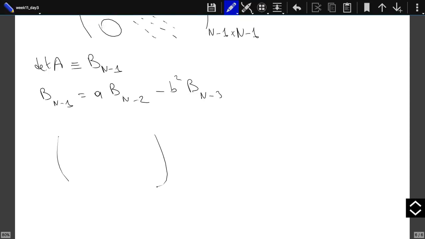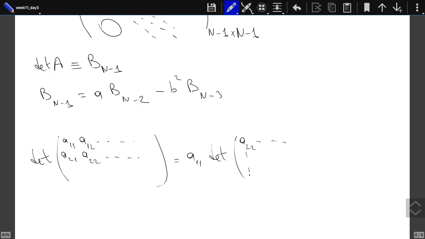You see, if you have any matrix, A11, A12, A21, A22, now the determinant of this one is A11 times the determinant of, well, just eliminate the row and the column, A22, minus A12 times the determinant of, again, eliminating the row and the column of A12 this time.